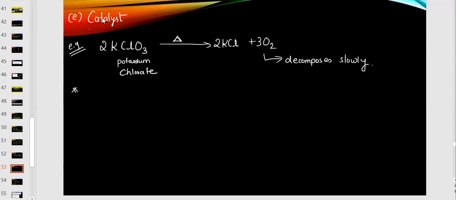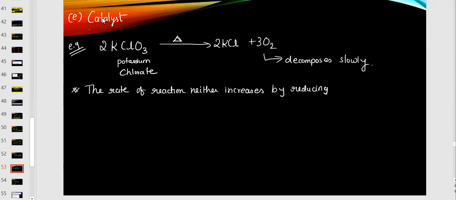You can say the rate of reaction neither increases by reducing the particle size in this case.